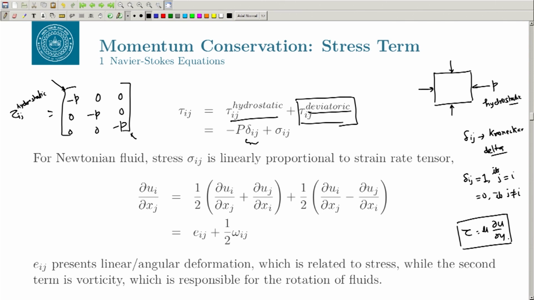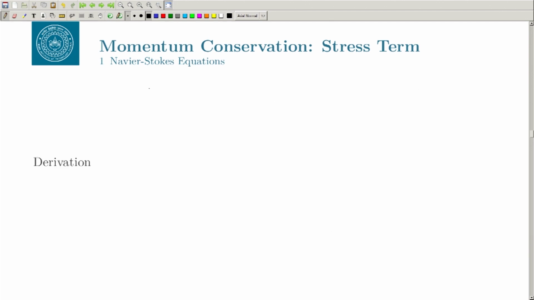That is what you might have studied in your undergrad fluid mechanics course, right. But now we have a strain rate tensor in our case, because the flow is 3 dimensional. Remember, I am writing the strain rate tensor. We do not know tau, but we know that tau is related somehow to this strain rate tensor, del u by del x, del v by del y, and so on.